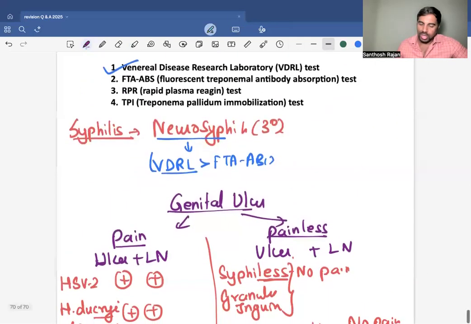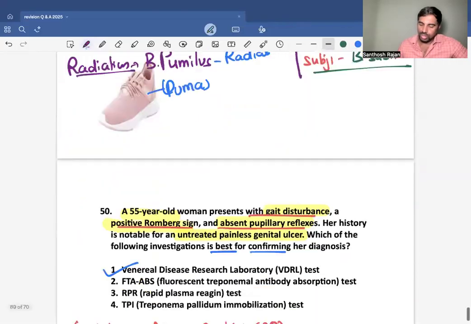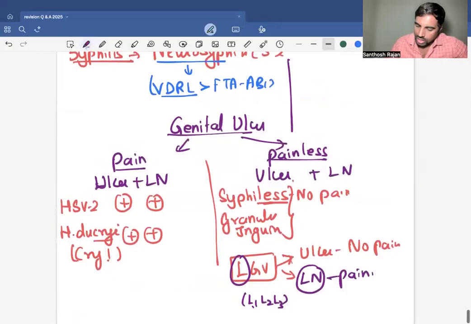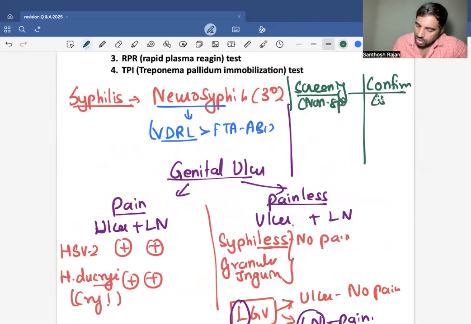And the main thing when you talk about syphilis, you know that you have a screening test, which is non-specific, and a confirmatory test, which is specific. Non-specific has only two tests, VDRL and RPR. Both are good for treatment prognosis.